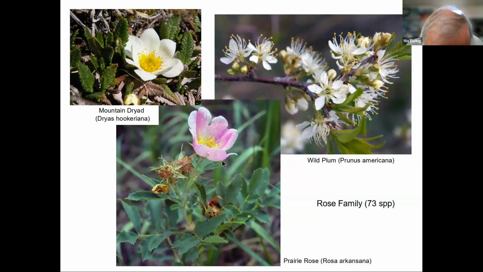I'm trying to see something here. I can't see it. Okay. And this is Rosa arkansana. See, it's now in the rose subfamily. This dryad is in something called the dryad subfamily in Ackerfield too. But this is in the rose subfamily, and this is a real classic rose because it has 5 sepals, which you can't really see.